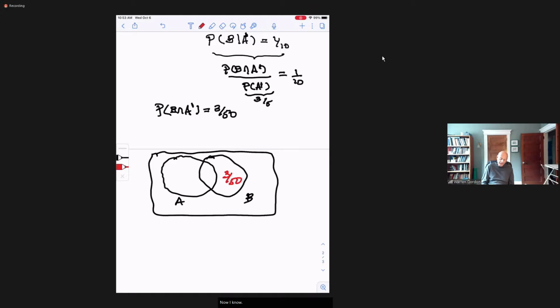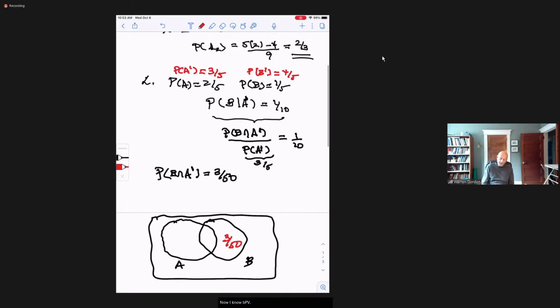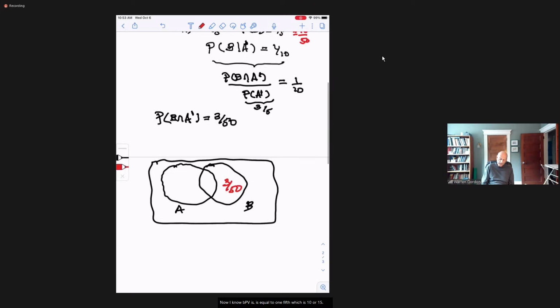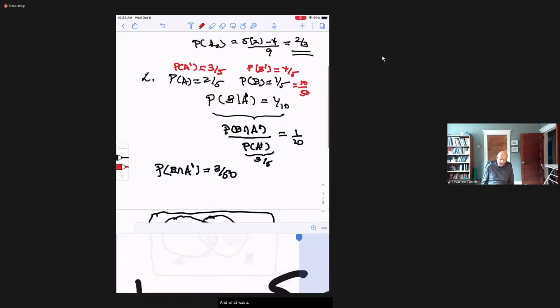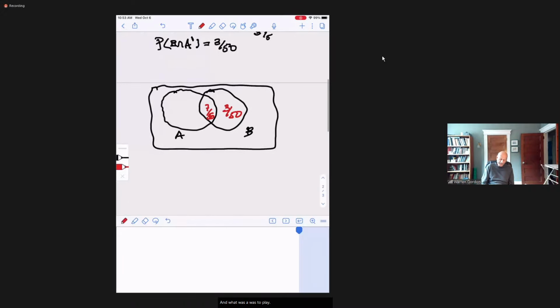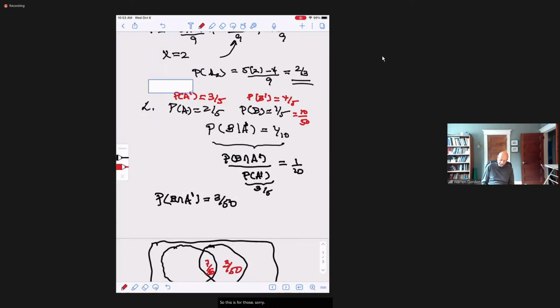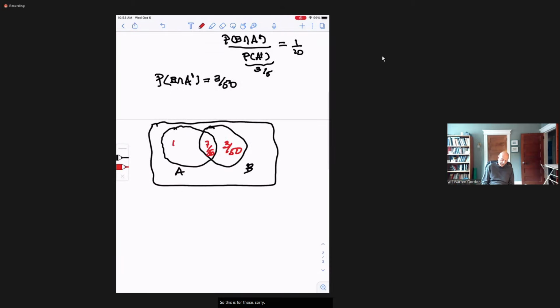Now I know P of B is equal to 1/5, which is 10/50. So that means this must be 7/50. And what was A? A was 20/50. So this is 13/50.